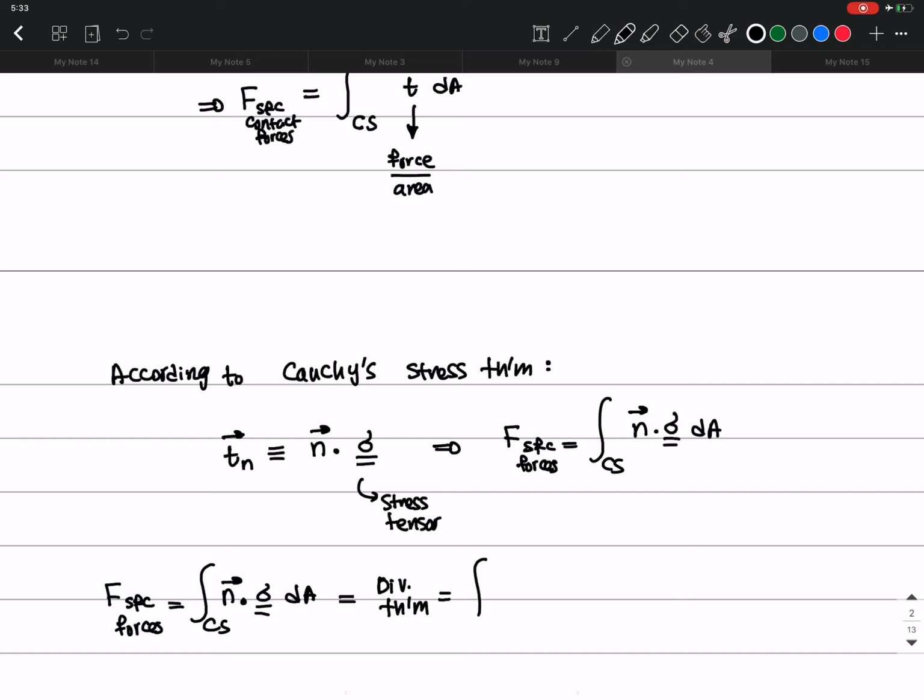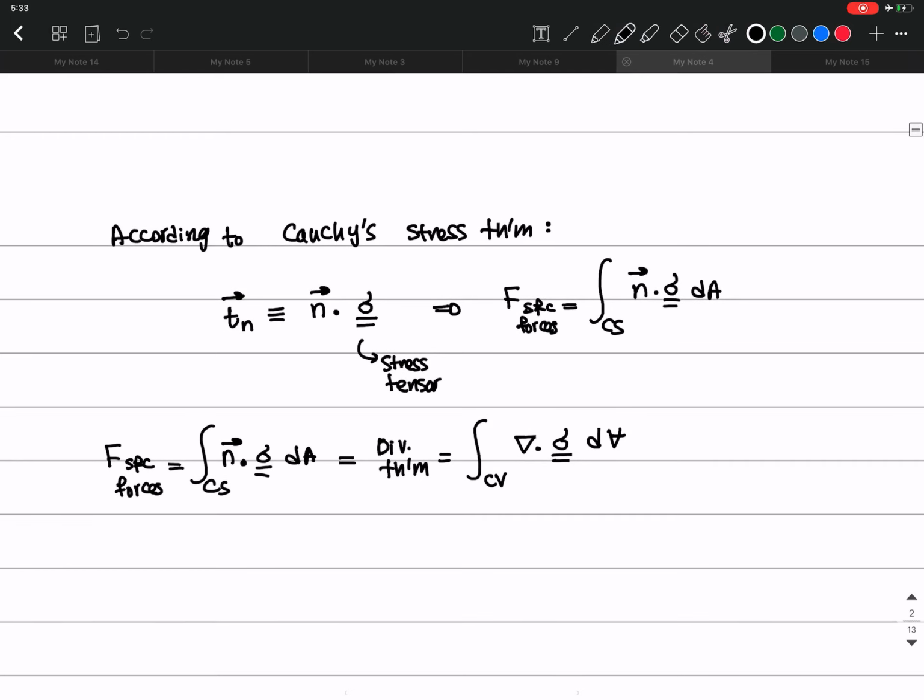This converts this area integral to a volume integral over the control volume, grad dot sigma dV. Okay. Now, because this is the sum of the contact forces, this will go to the right hand side of our equation.